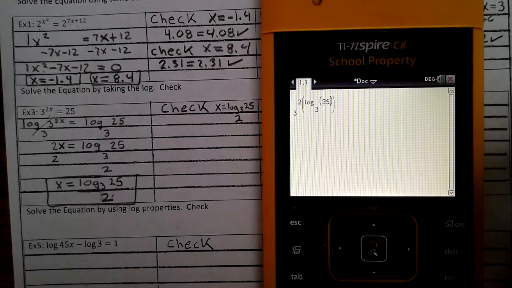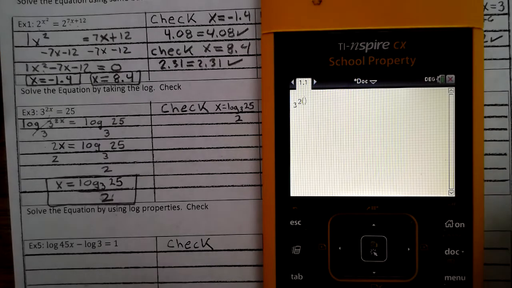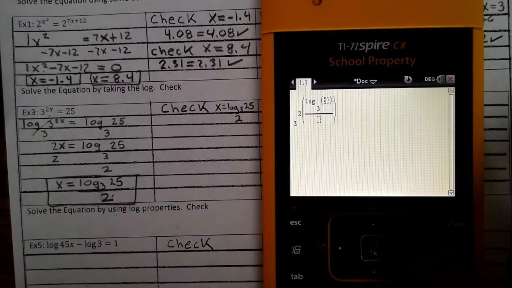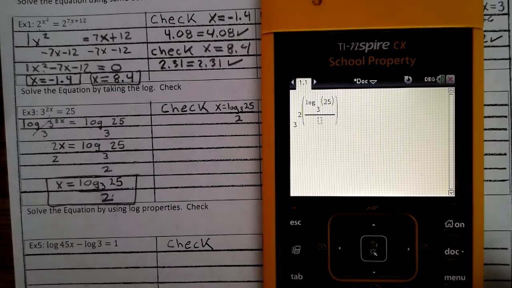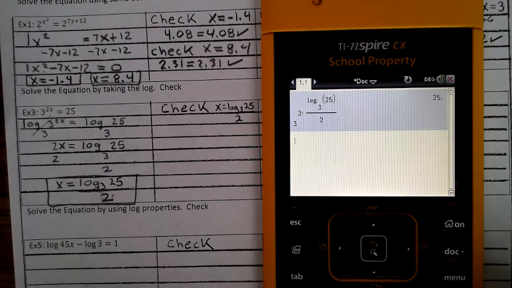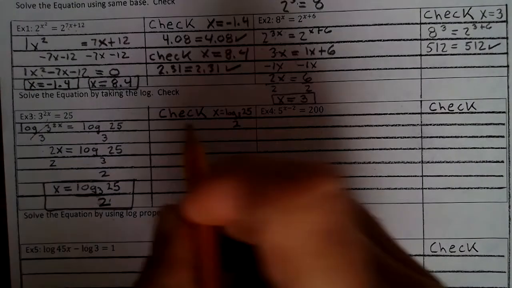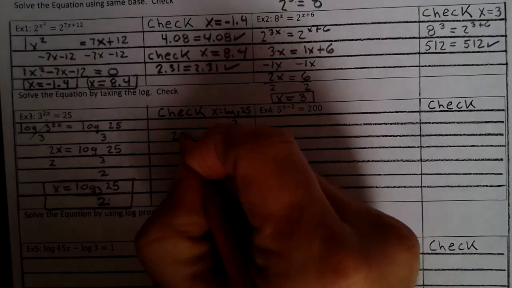Parentheses, we need to do control divide first. Control log base 3 of 25 divided by 2. We can see here is 25. So 25 equals 25. So this checks.